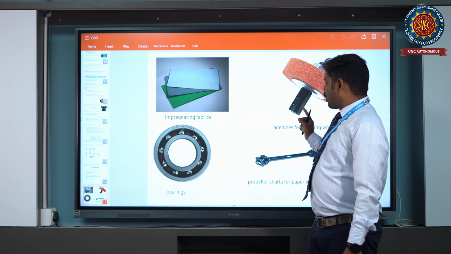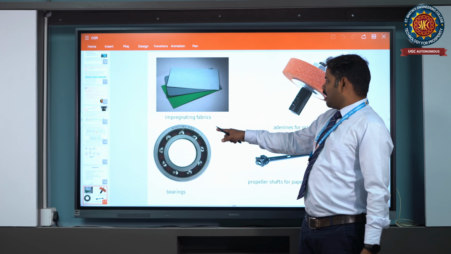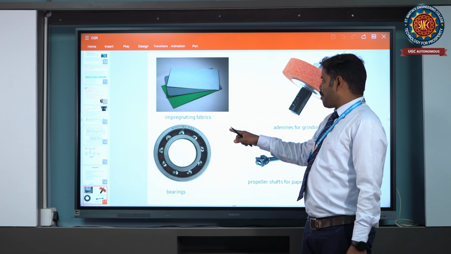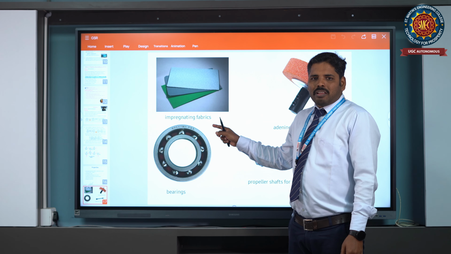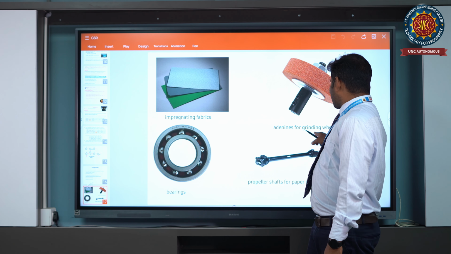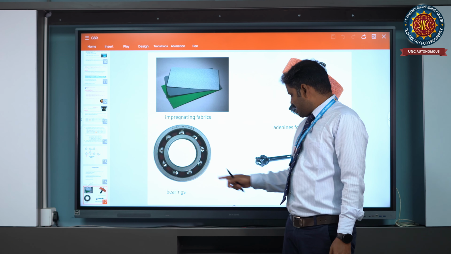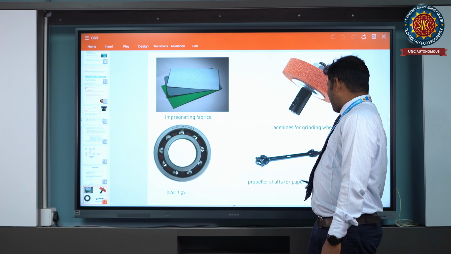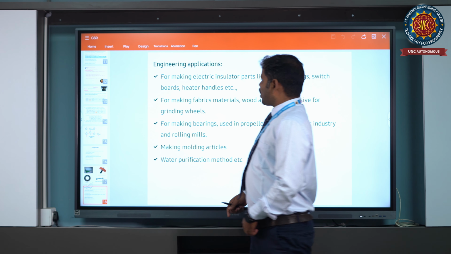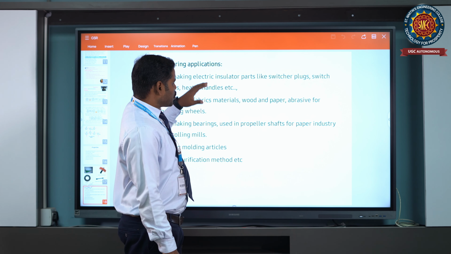Some engineering application oriented uses, the image shows here. First one, making fabric materials, for example welding rods, grinding wheels and bearings, used in paper mills, rolling mills, products of paper industries. Second one, engineering applications of bakelite, so many things.